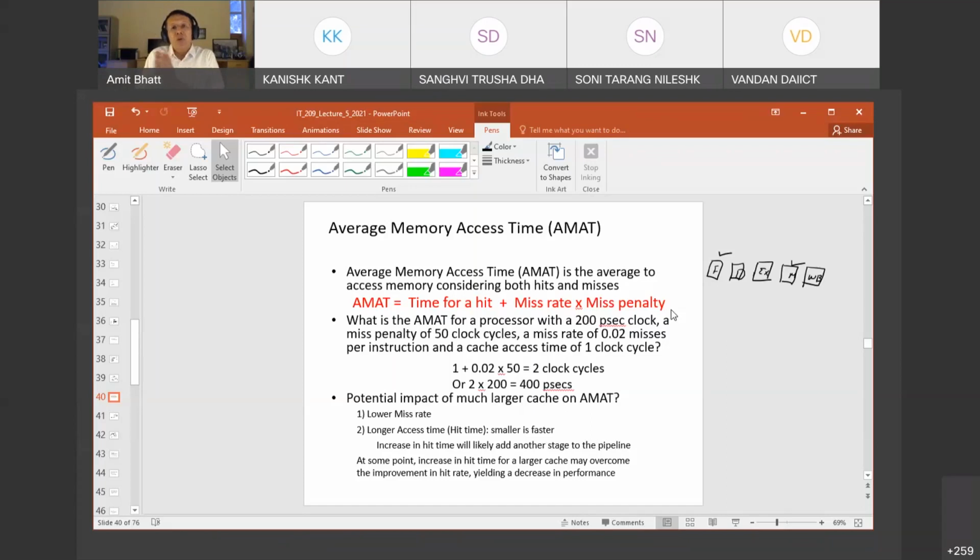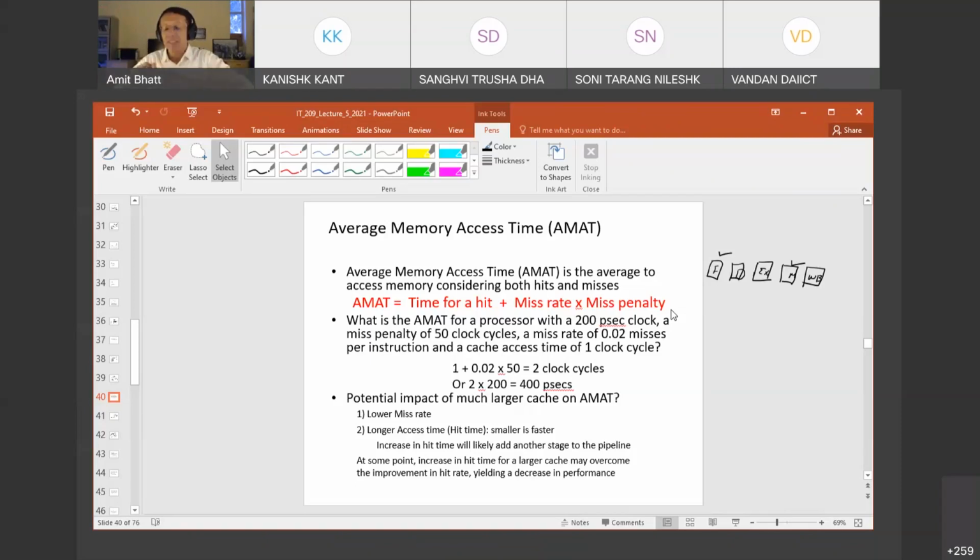So if you have too many levels between L1 and the hard drive, then at some point you have to update all those values. Why? Because one of them, the block, may be removed either from L1 or L2 or L3. Some block will be thrown away, and you would be missing out on the correct value if you don't go and change it right up to the hard drive. That is something which is known as cache coherence. That would take too much time if there are too many levels.